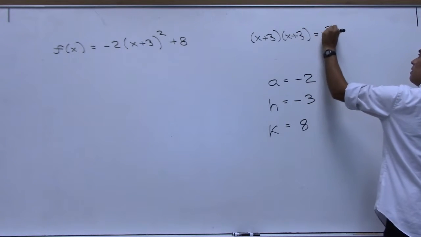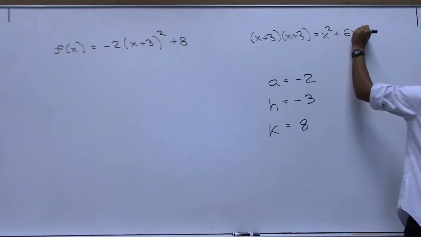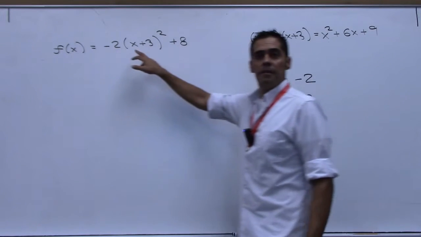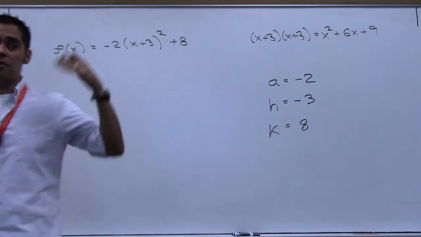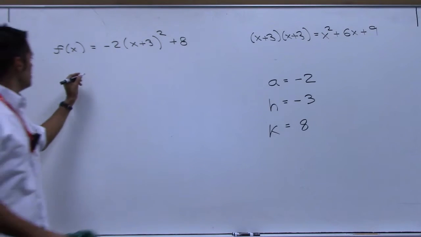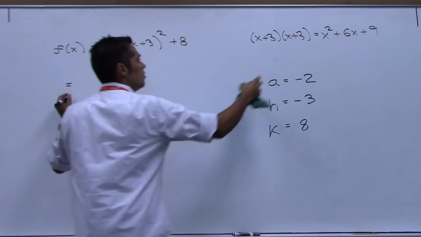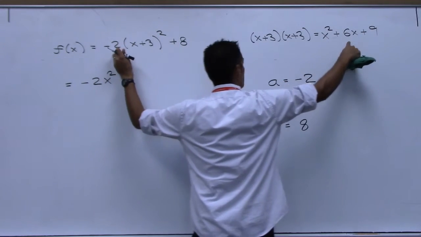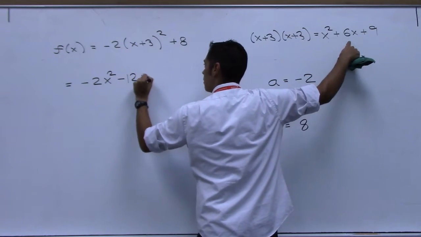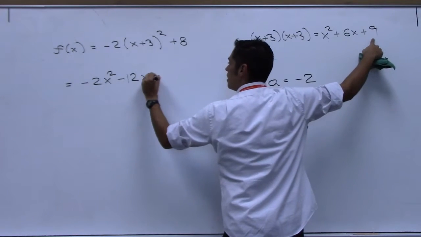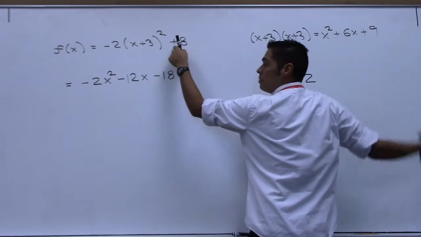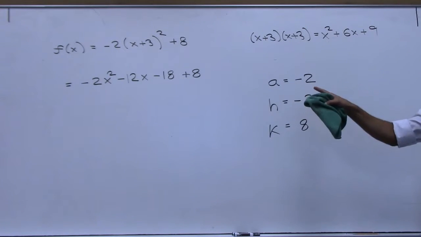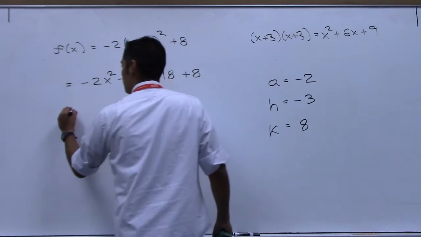So x squared plus 6x plus 9, that's what that is. But what's sitting in front of it? -2. So that -2 must distribute to each of those terms. So this becomes what? -2x squared, minus 12x, minus 18, and then what did you still have here? Plus 8. And then -18 plus 8 is -10.